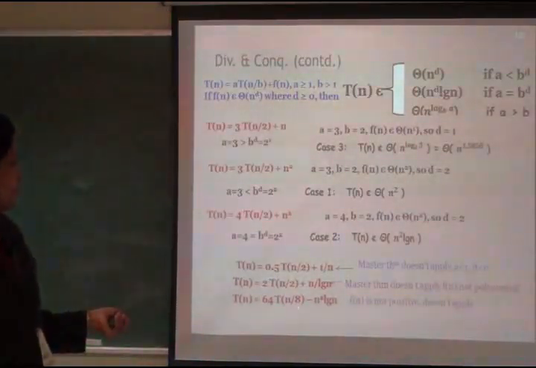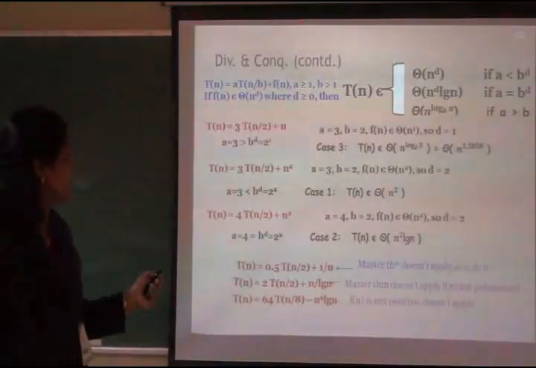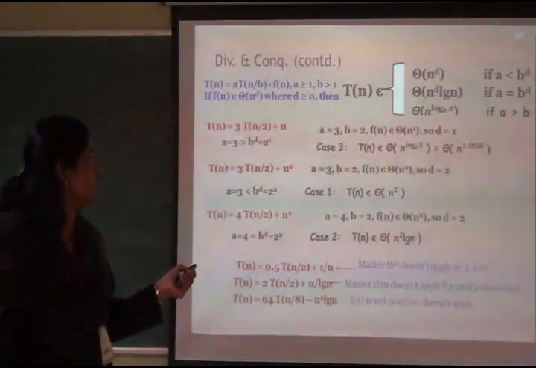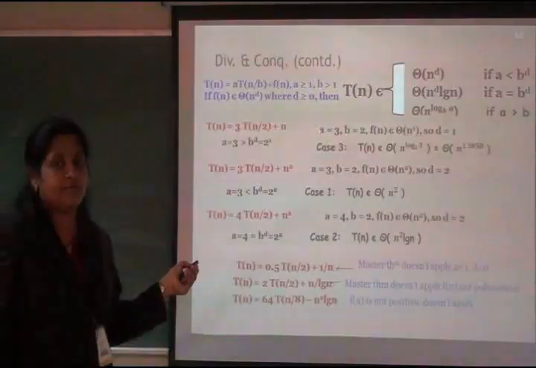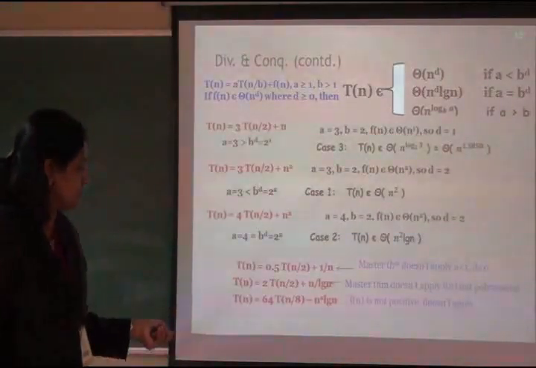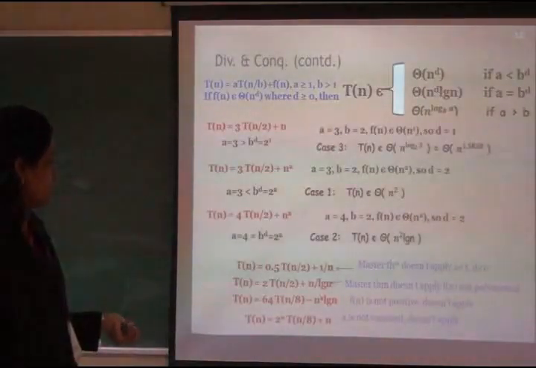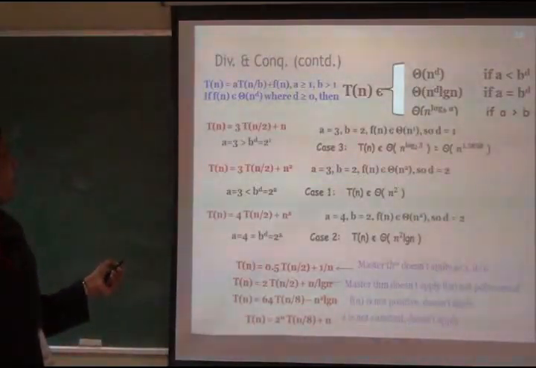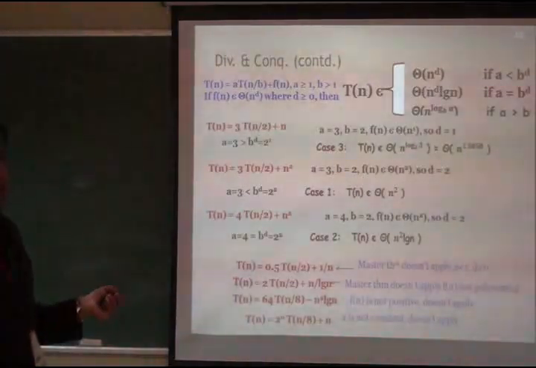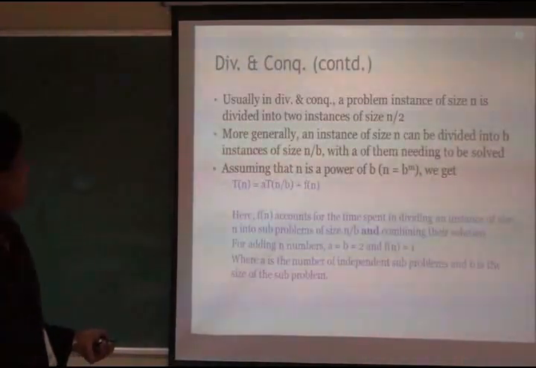Look at 64T(n/2): another thing is that all values must be positive, so a negative value cannot be accepted. These are invalid statements in this theorem. And a and b are constants, so we cannot give fractional numbers for them.